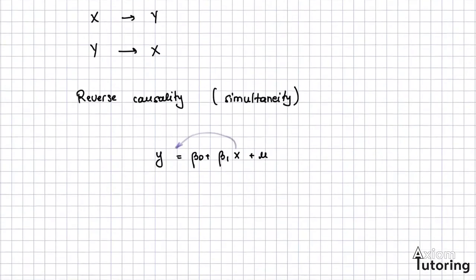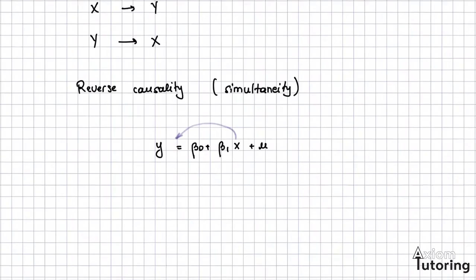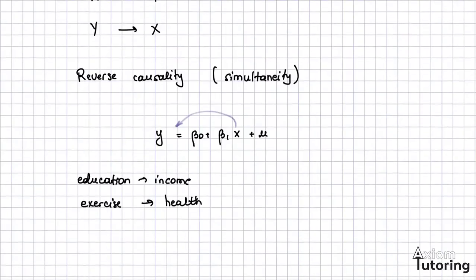Examples? We've seen many in the previous videos, but let's take a few that will make the point for this entire simultaneity and reverse causality thing. We'll take education and income. We'll take exercise and health. And we'll also take police and crime.